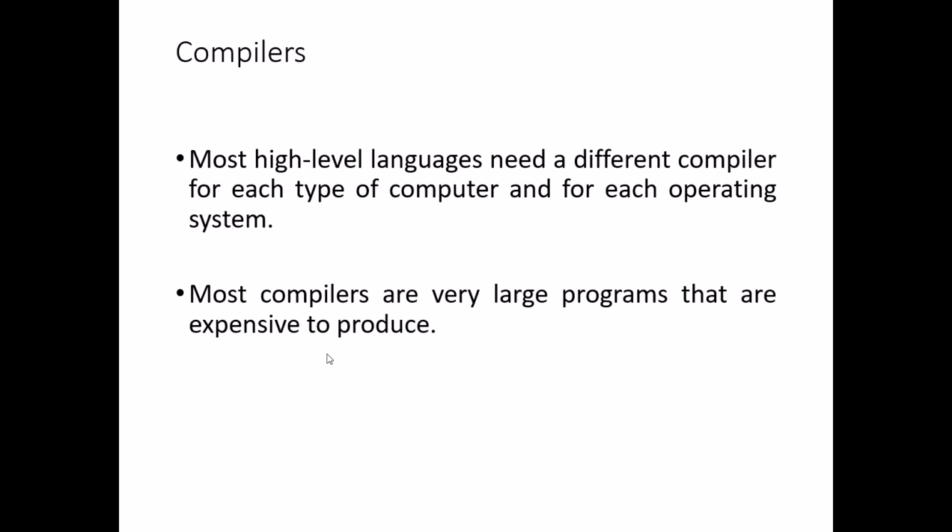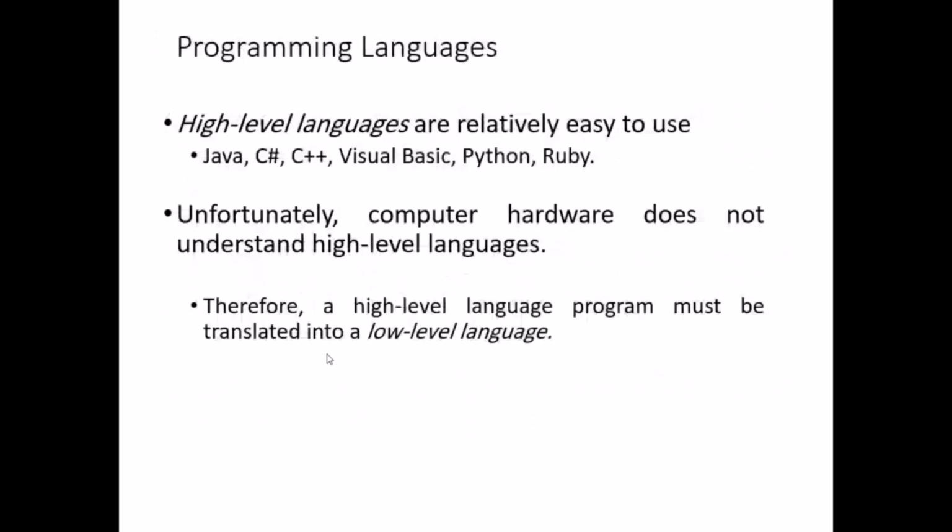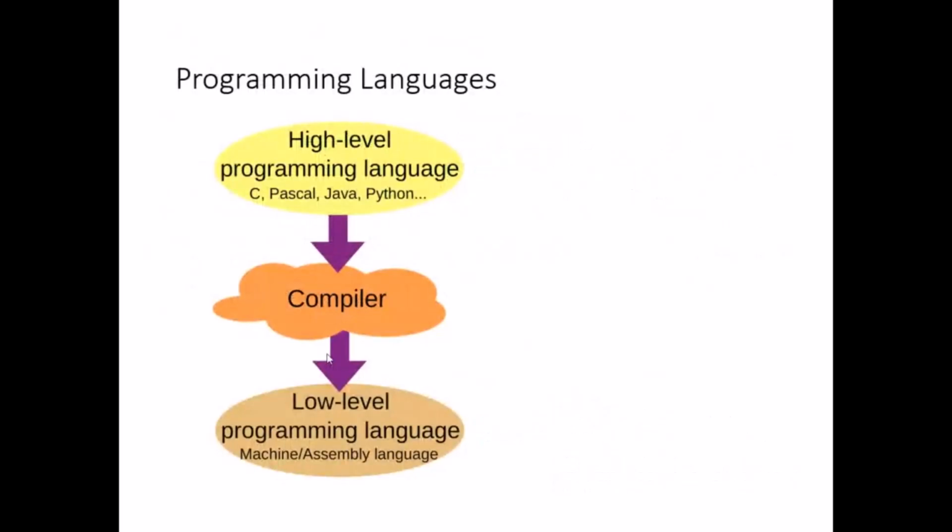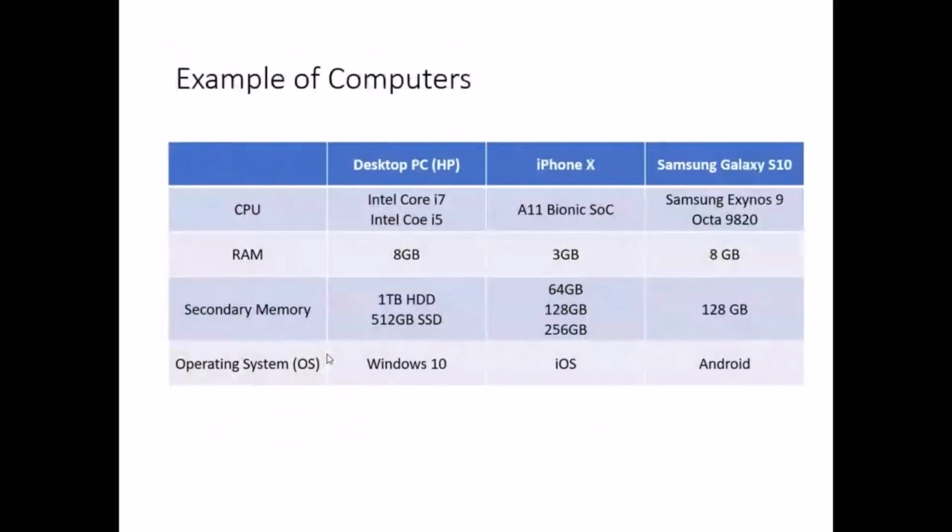Let me give a scenario on this picture, and then I will go to the next topic. Suppose now you would like to develop a game. If you want to develop a game, then you need a language that will produce fast machine language.